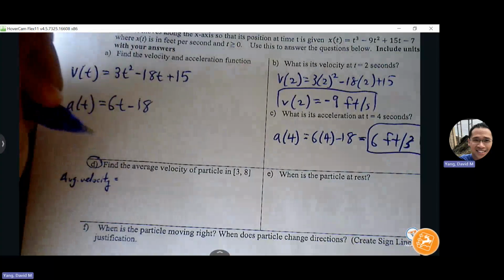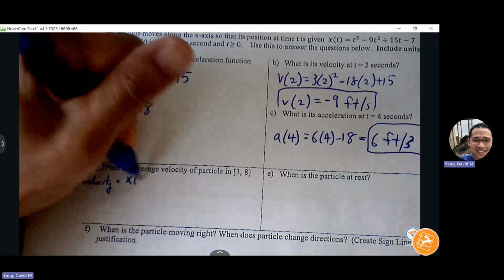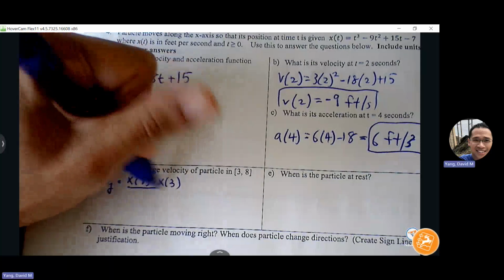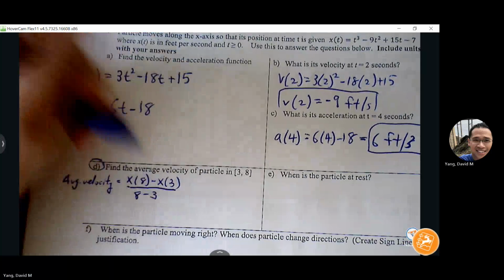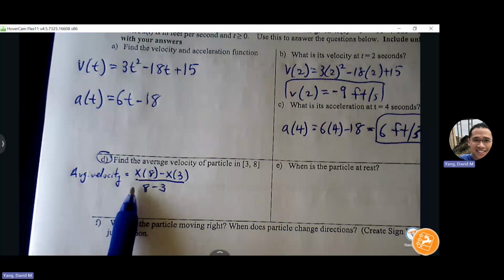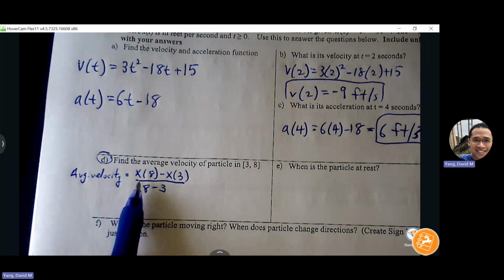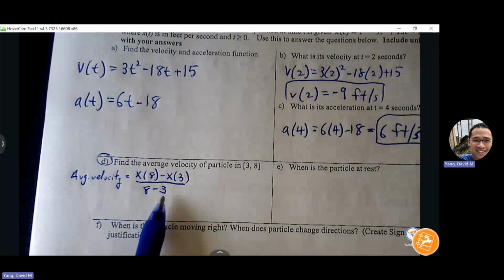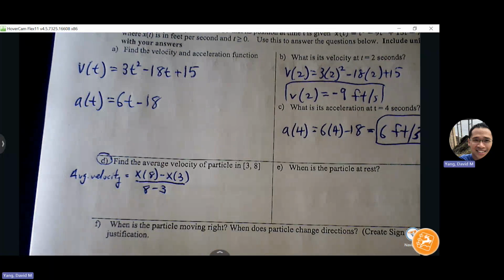So it's x of 8 minus x of 3 divided by 8 minus 3. Some students wanted to use the acceleration function. Some students remember that for velocity you don't touch the velocity, so they go to acceleration. That's not correct either. You want to use the function above it, the position function. Change in position over change in time gives you average velocity.